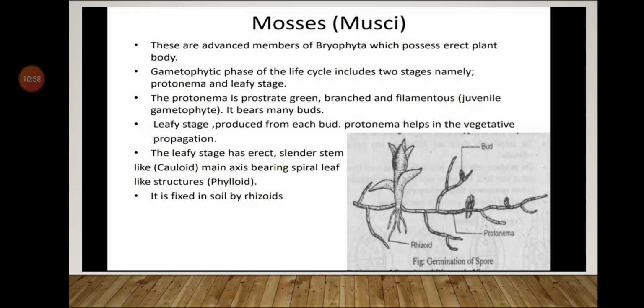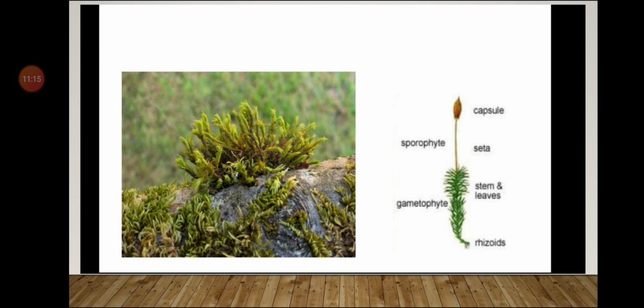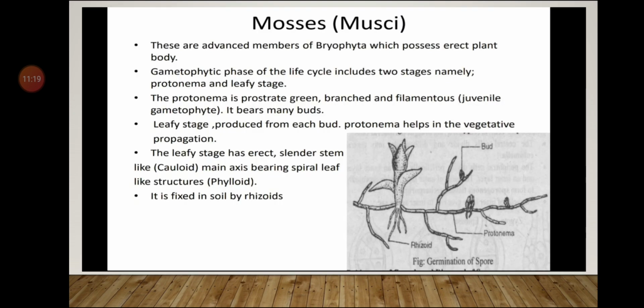The gametophytic phase of the life cycle includes two stages. Mosses produce two stages, namely the protonema stage and the leafy stage. Protonema is prostrate, green, branched and filamentous.